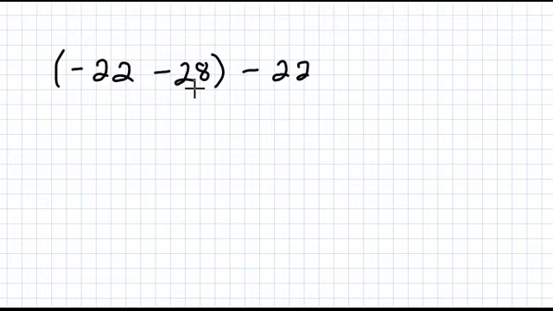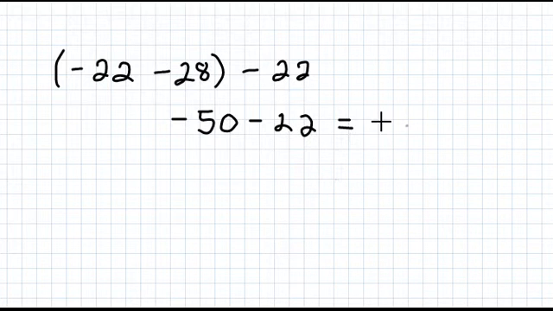Okay, so the inside's going to be a negative answer, and then we have a minus 22, so our answer is going to end up being negative. Let's see if we can quickly come up with the answer here. 8, 9, 10, 4, 5, so that's 50, right? So it's going to be a minus 50, and then a minus 22, and I'll let you come up with that.